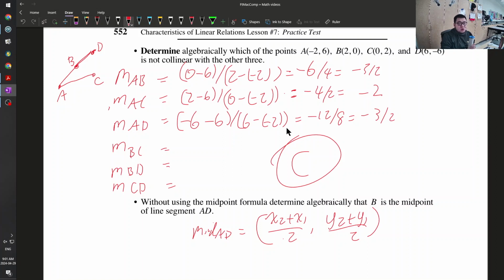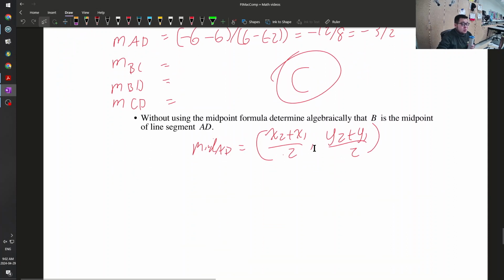these two are collinear already, so if the distance of AB is equal to the distance of BD, then B must be the midpoint.